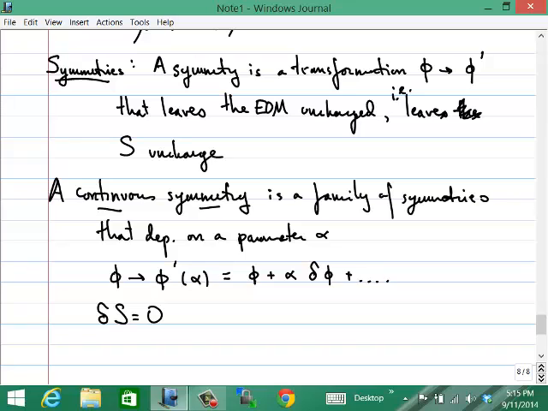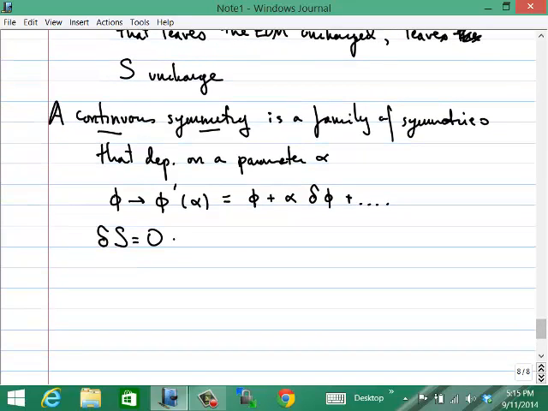In fact, we just calculated the variation of the action for an arbitrary transformation delta phi. So delta S being equal to 0 to linear order in alpha, we can then ask what that means for the dynamics of this field phi.